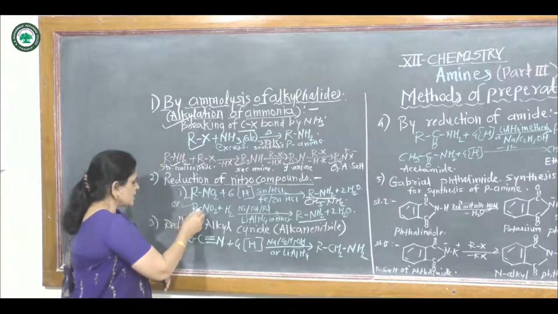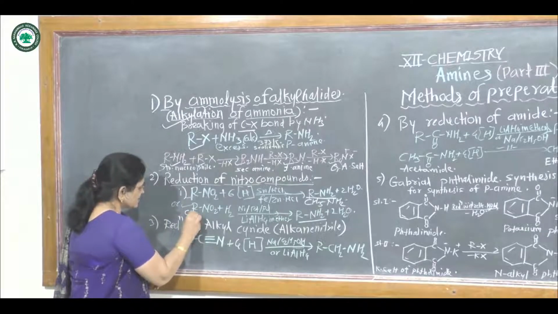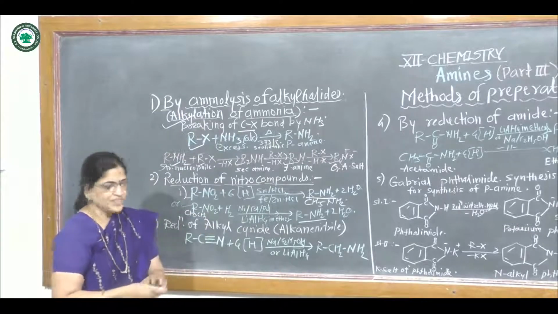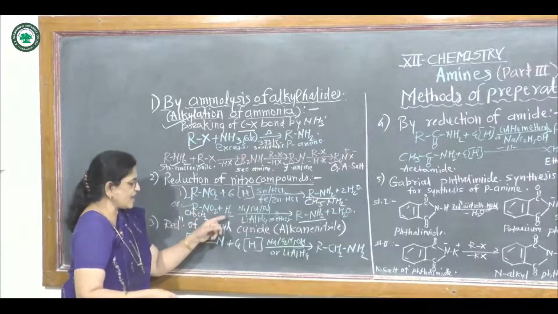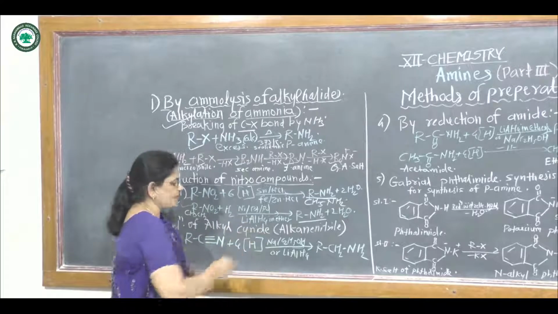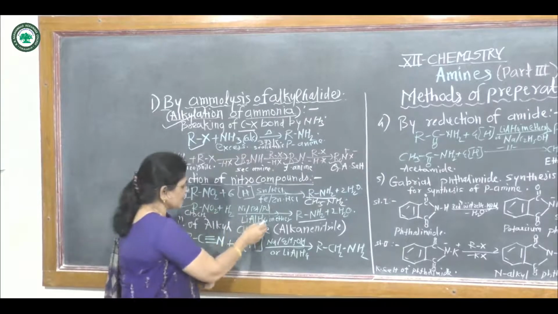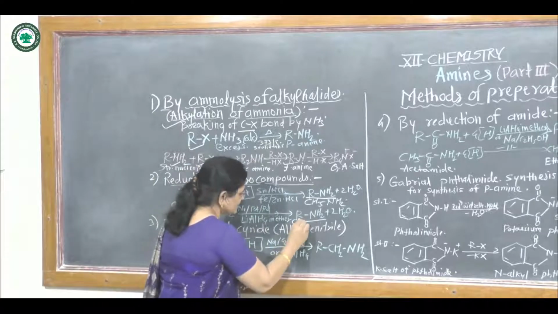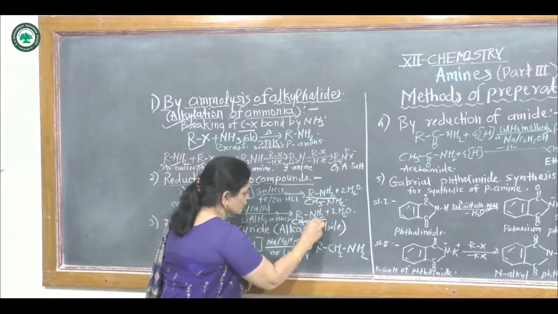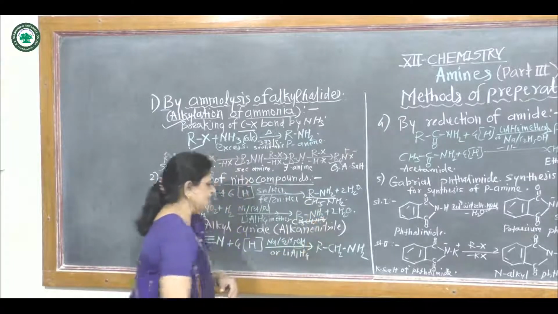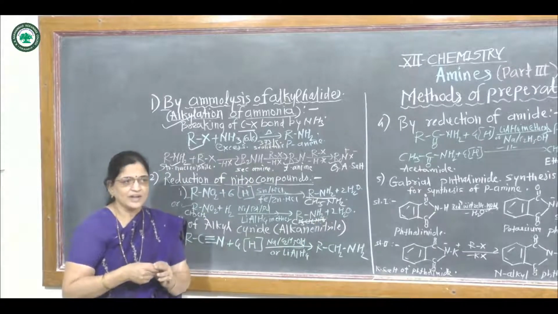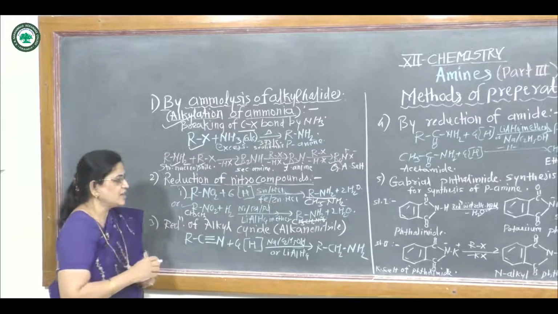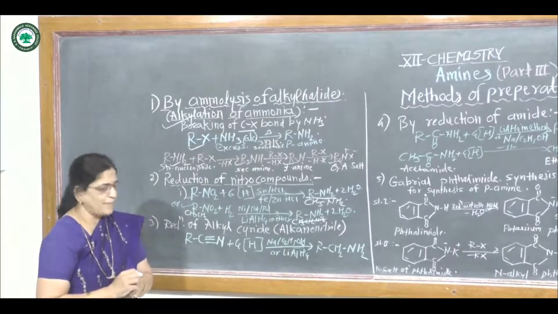Suppose in place of R we take CH3CH2, that means nitroethane. If this nitroethane reacts with nickel, platinum or palladium, or lithium aluminum hydride, it gives CH3CH2NH2, that is ethylamine or ethanamine. In this way, this is the second method, reduction of nitro compounds.